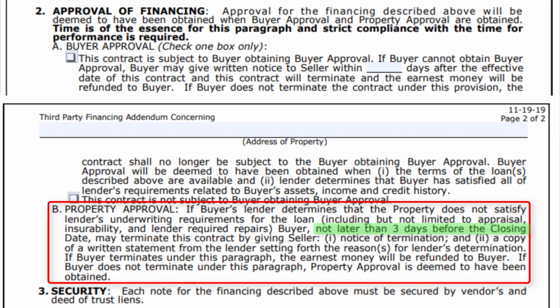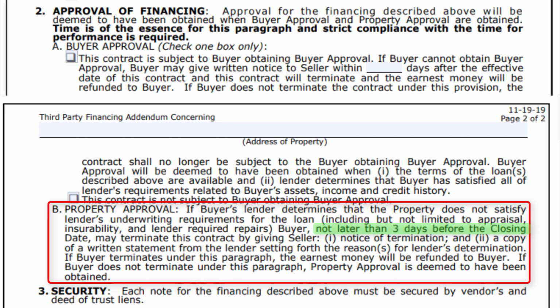One of them was the day of closing, one was 2 days before closing, and a bunch were the day before closing, saying the lender says it doesn't work, they can't make the loan, we're out. In all those cases, our seller was the one entitled to that earnest money, and they're the ones who got it.